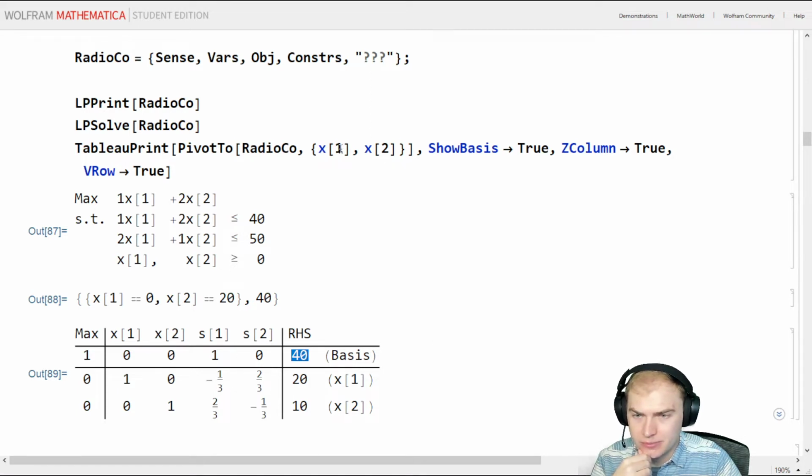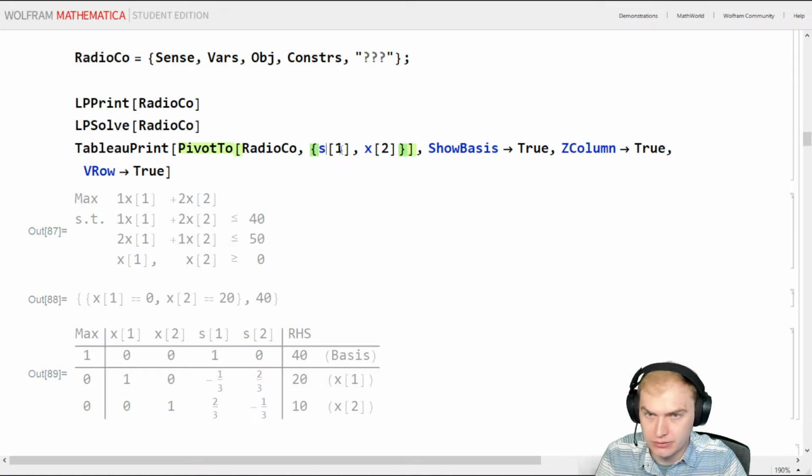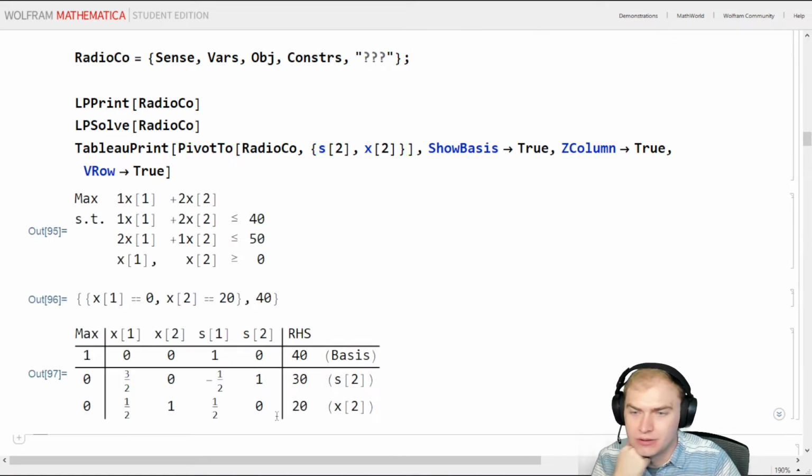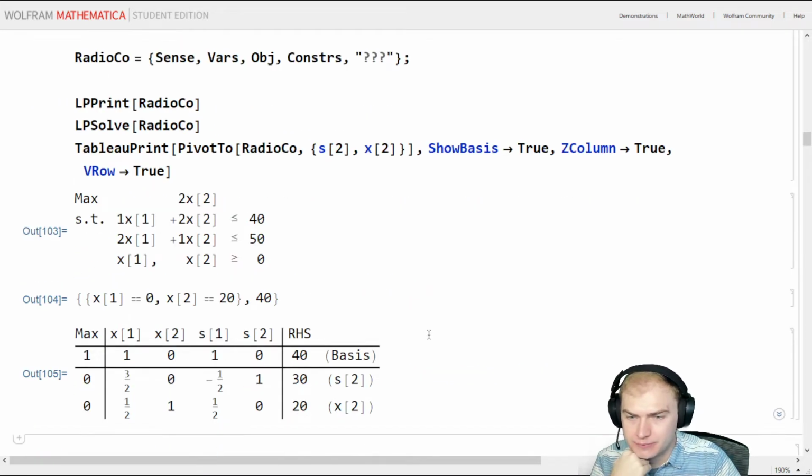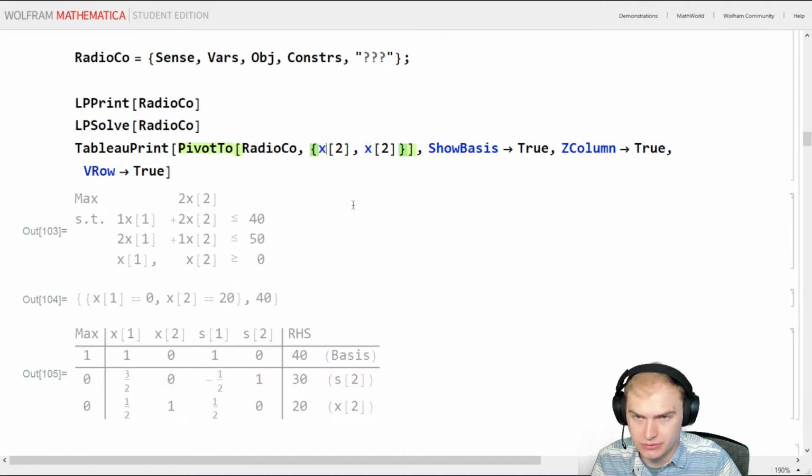So what if we swapped out x1 for s2? We land with the same objective function value still. So we have multiple optima at $23 for radio 1. I suspect if we drop it down to 22, yeah, s2, x1 or x2 is optimal.